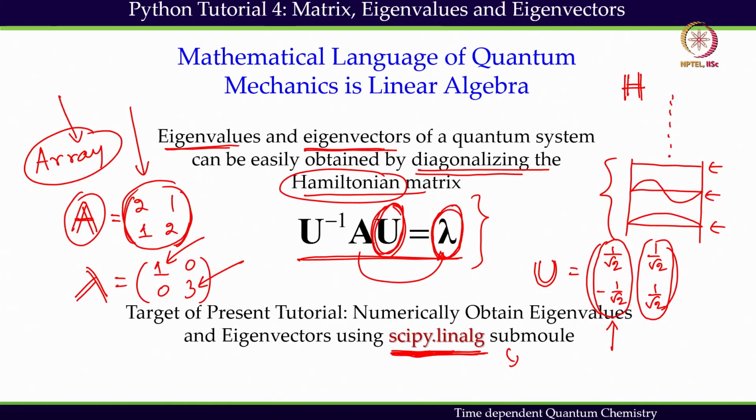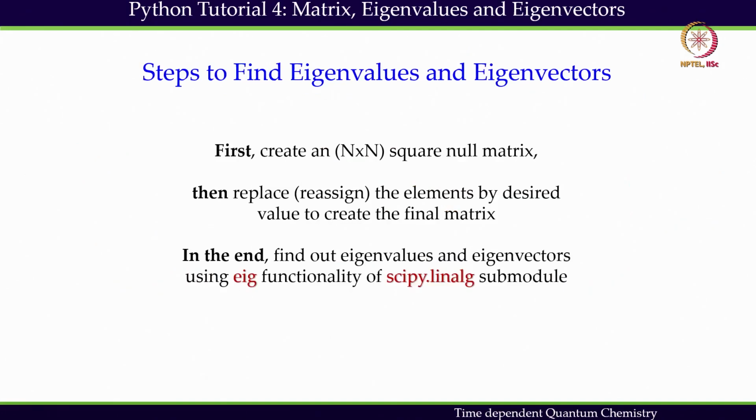So, we will use this linear algebra submodule of SciPy to represent the matrix and to calculate the eigenvalues and eigenvectors. How do we find eigenvalues and eigenvectors? First, we have to represent the matrix. There are several approaches available in the SciPy linear algebra submodule to find eigenvalues and eigenvectors of a square matrix.